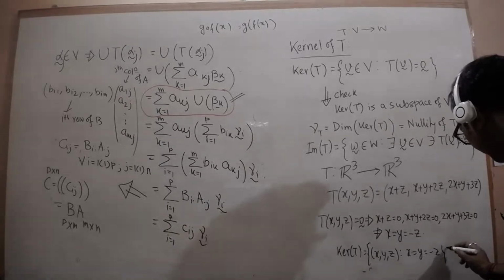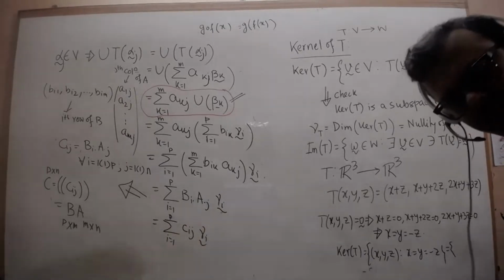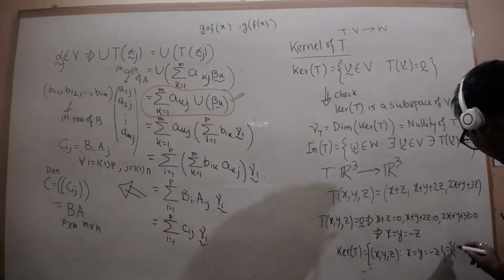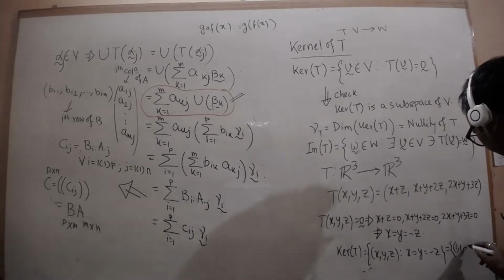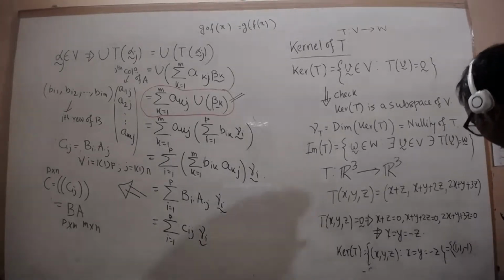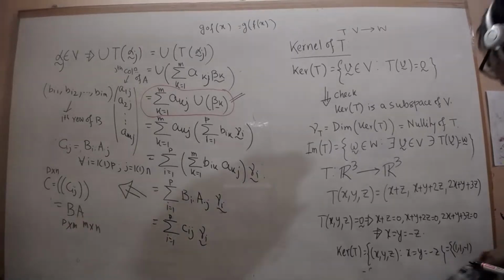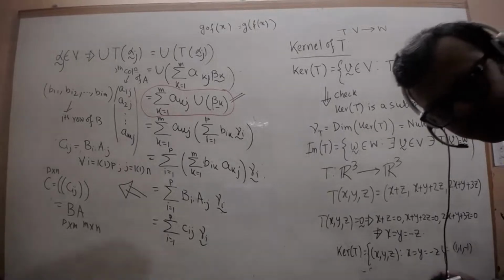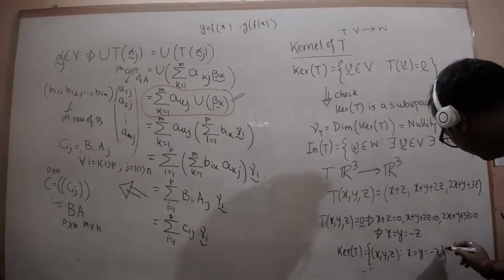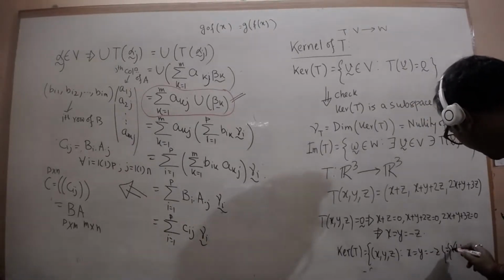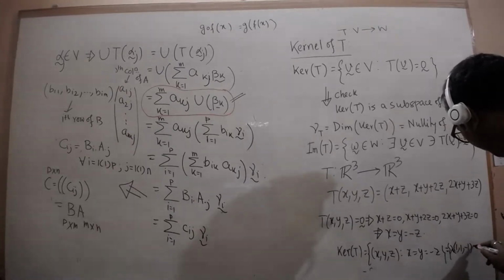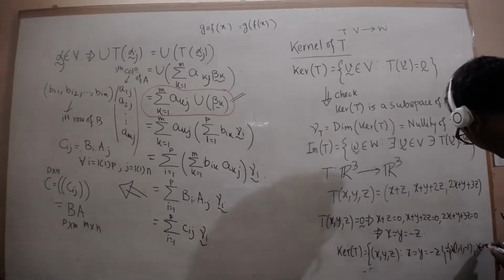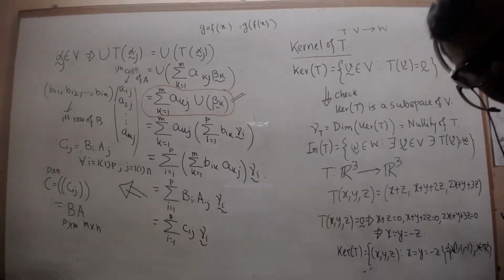So another representation is lambda into (1, 1, minus 1), where lambda belongs to R.